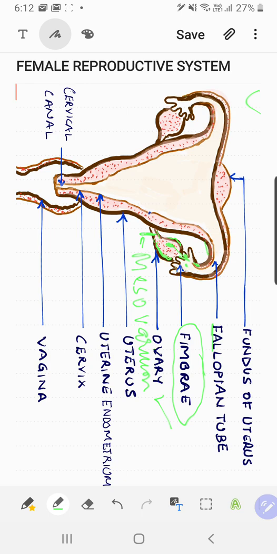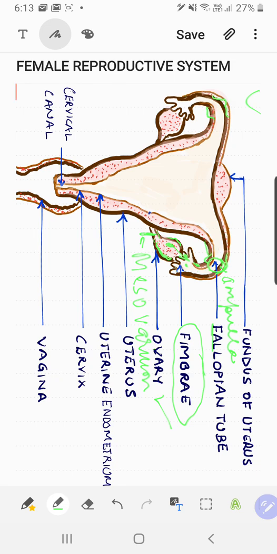After this oviductal funnel, in the middle there is a slightly swollen structure. The fallopian tube swells a bit here in the middle. The swelling is known as ampulla. This is the precise site of fertilization in the fallopian tube.